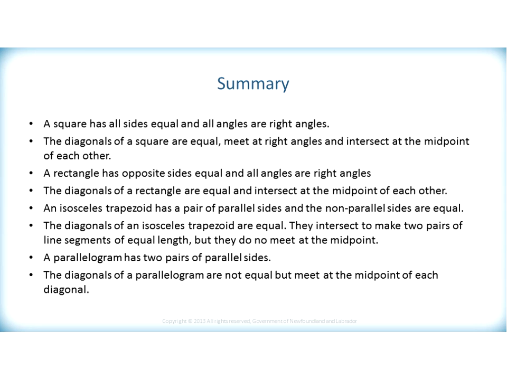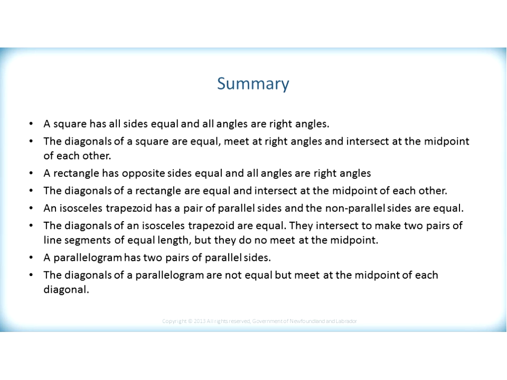So a square is a rectangle, but not all rectangles are squares. The diagonals of a rectangle are equal, and they intersect at the midpoint of each other. So they don't necessarily meet at right angles in a rectangle. If they do meet at right angles, that means the rectangle is a square.